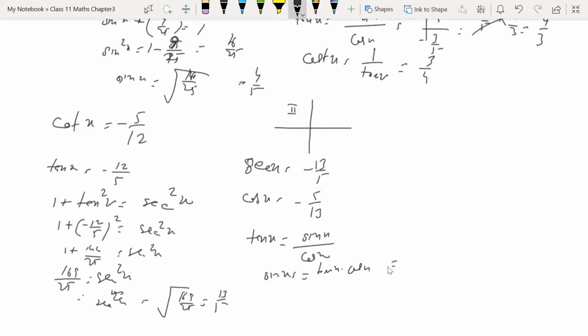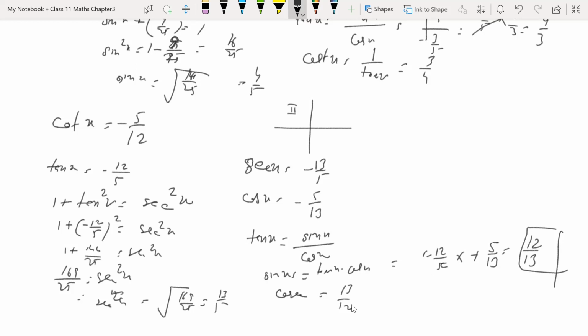We have both the values. Tangent x is minus 12 by 5 into minus 5 by 13. Minus and minus cancel, 5 cancels. It is 12 by 13. Now, sin x is 12 by 13, because it is in the second quadrant, its value would be positive. And cosecant is also positive. It is 13 by 12.